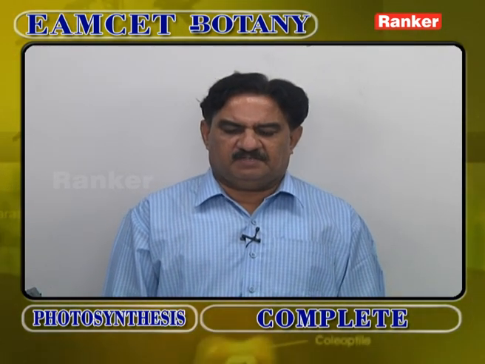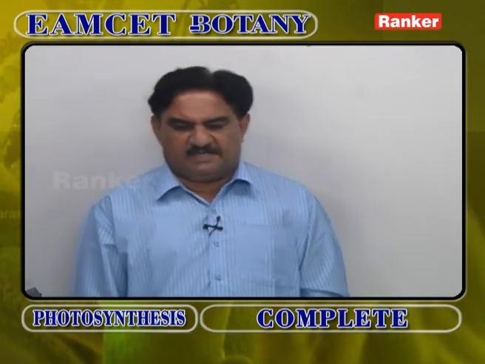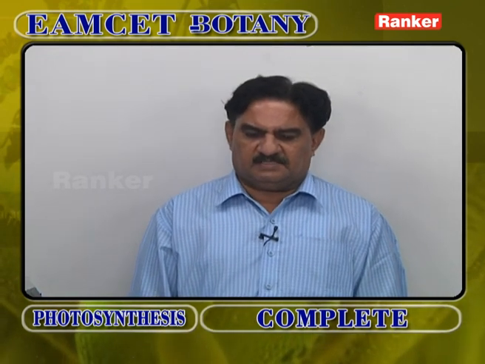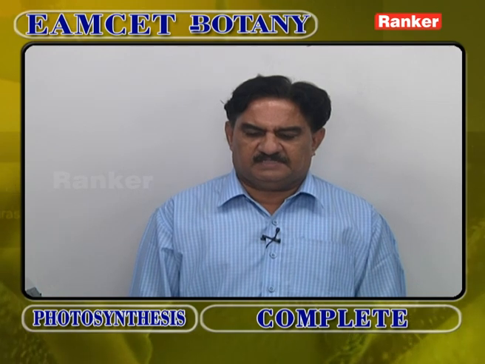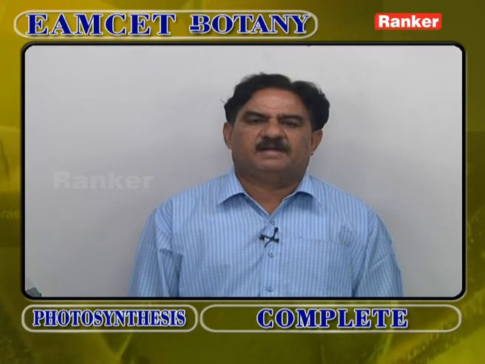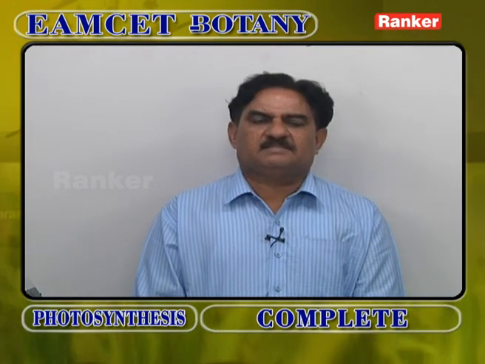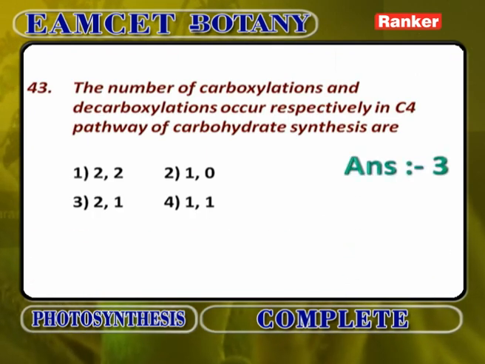In higher concentration of oxygen, photorespiration occurs in C3 plants, whereas photorespiration is not detectable in C4 plants. So A and R are correct, and R is the correct explanation of A. This is regarding photorespiration in C3 and C4 plants.